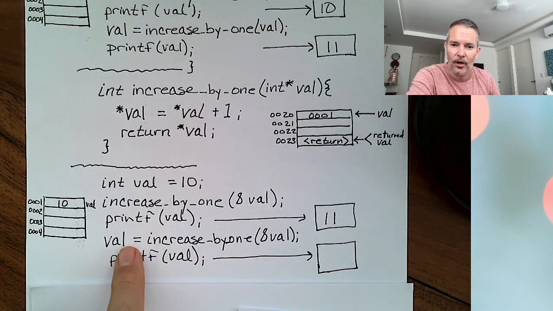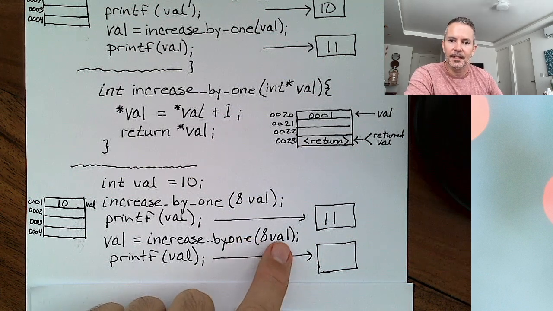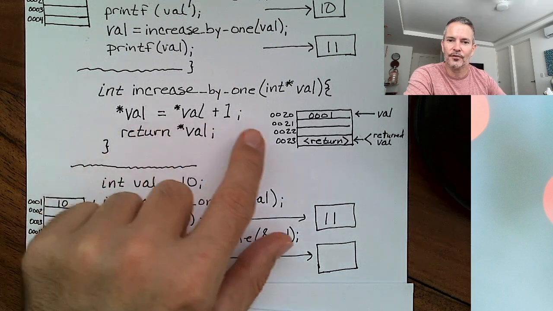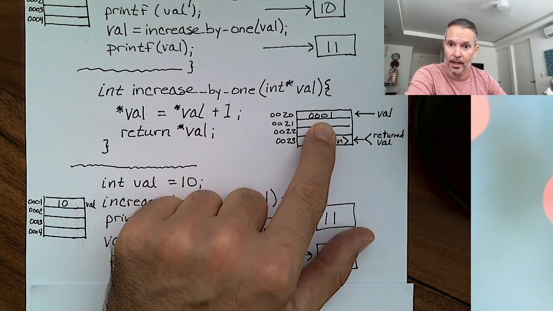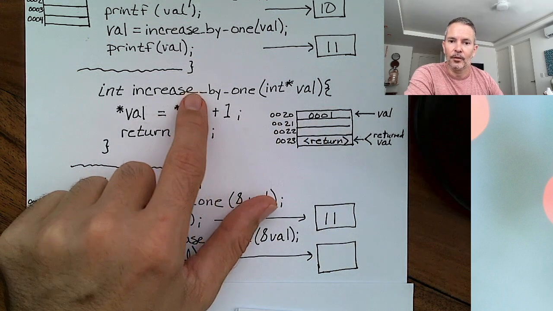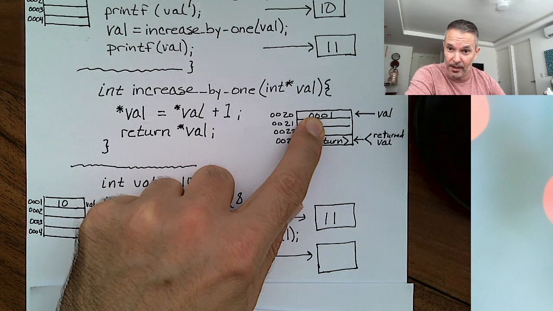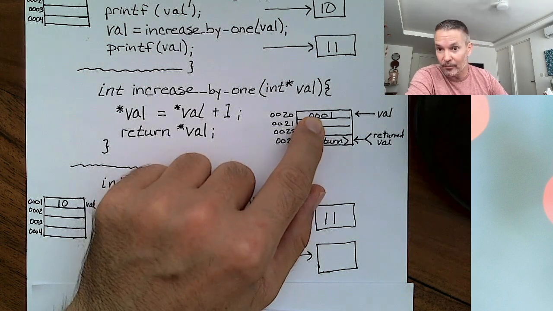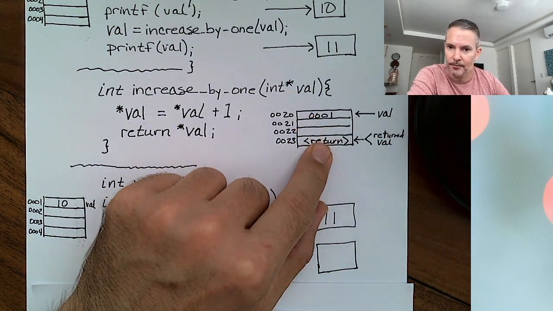Now, what happens if I call it this way? If I say val equals increase by 1? Well, the address of val gets passed into the function and stored in the function's local memory area. Then we run the code here, which will increase this local memory area to 12 at this point. It was 11 when I called the function, now it's 12. And 12 will be written here.